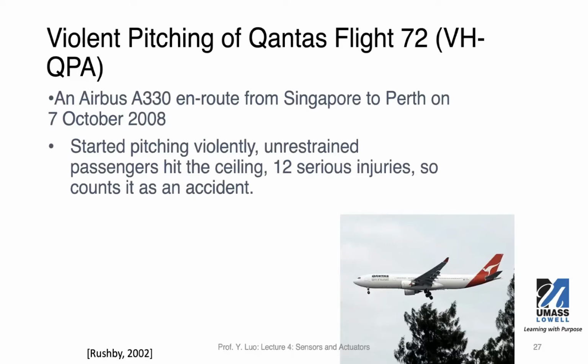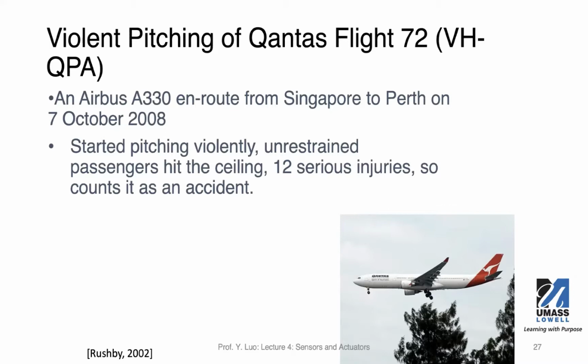It started pitching violently. Unrestrained passengers hit the ceiling. There were 12 serious injuries. It's a big accident. Of course, in recent years, Boeing also had issues with their airplanes, and planes went down on two occasions, which is also related to sensors.